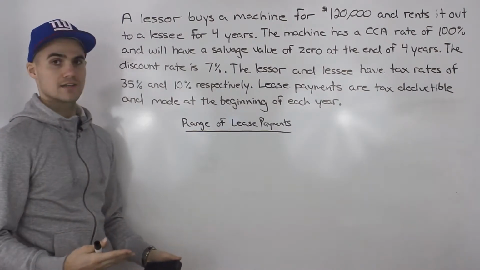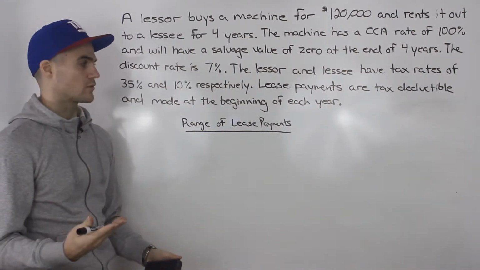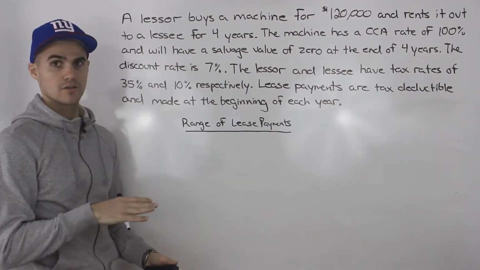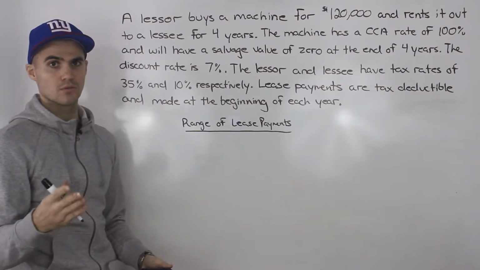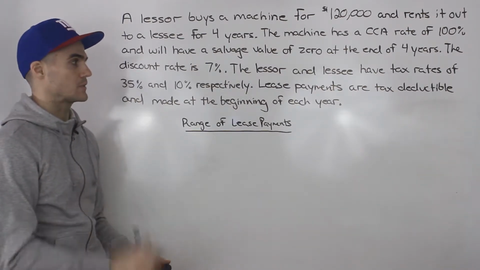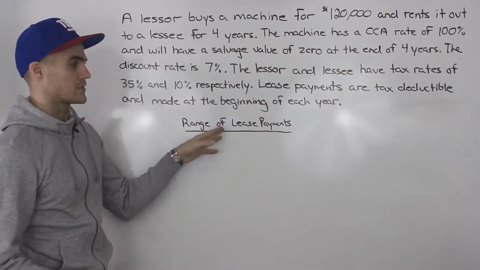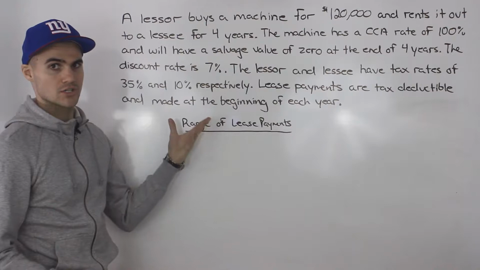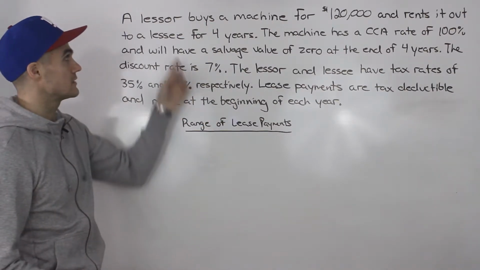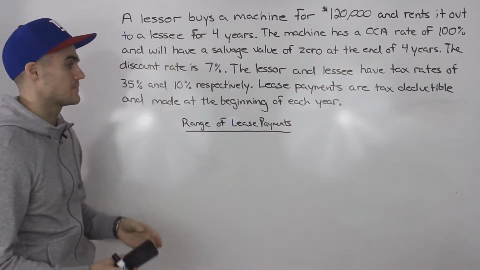Now, before getting into answering part A, I want to do a quick review from the leasing paradox video series, which I recommended you to watch before continuing on with this example, about what the range of lease payments means where the transaction is profitable for both parties, the lessor and the lessee.